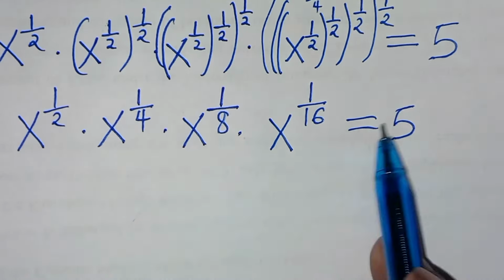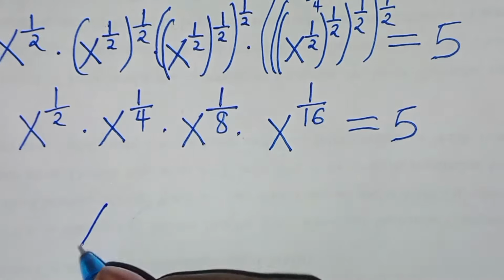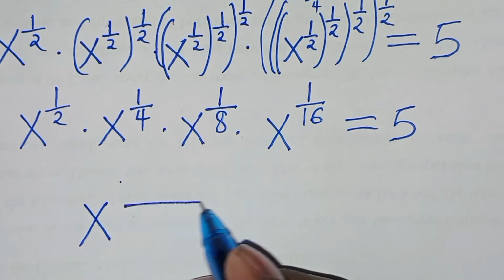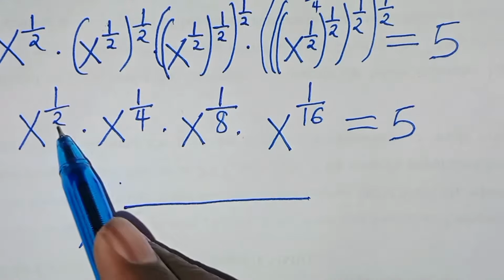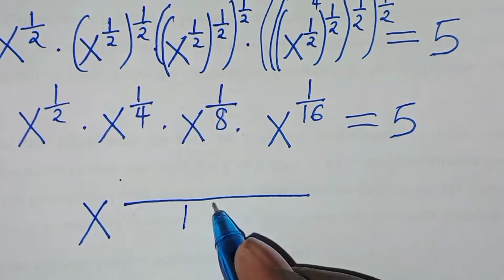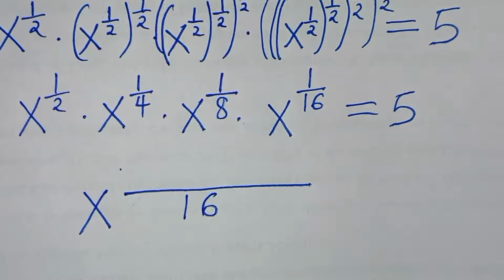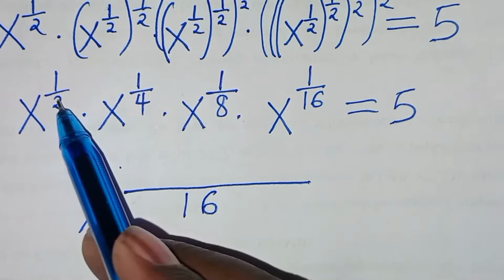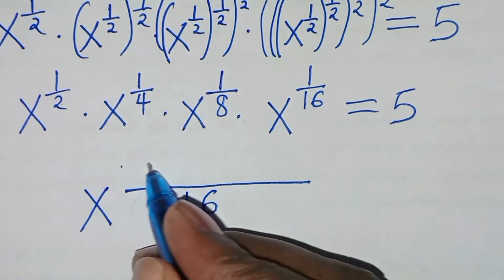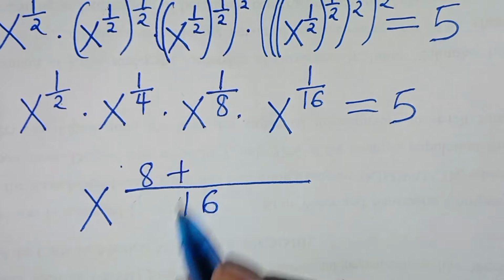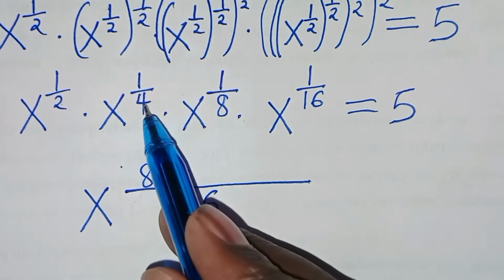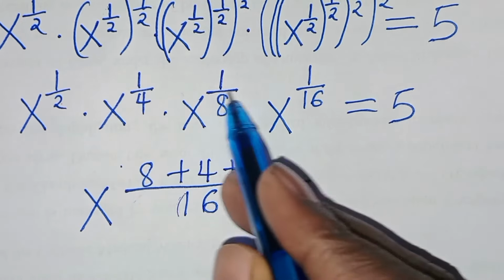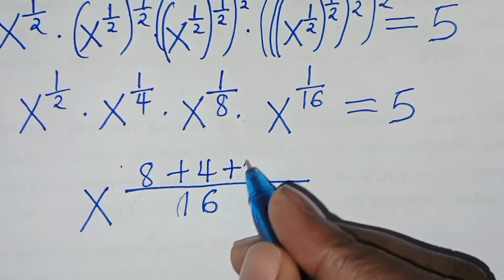So from here, we'll have x to power. Now let's get the LCM here. The LCM here is equal to 16. So we'll have 16 divided by 2, this is 8, 8 times 1, this is 8. Then plus 16 divided by 4, this is 4 times 1, which is equal to 4. Then plus 16 divided by 8, this is 2, 2 times 1, this is 2.